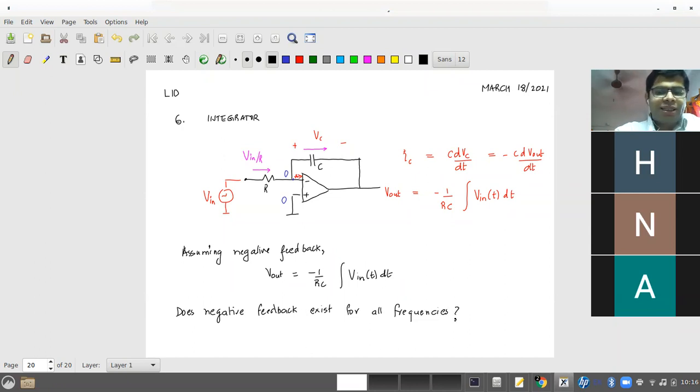Does negative feedback exist for all frequencies? What about at DC? For DC, that is, if you have just a constant voltage, is there any feedback? No.